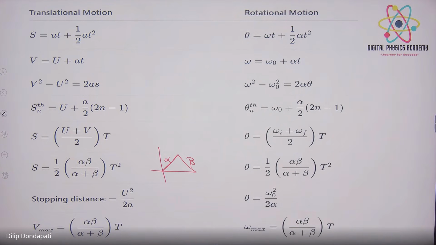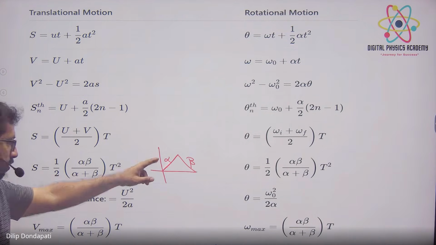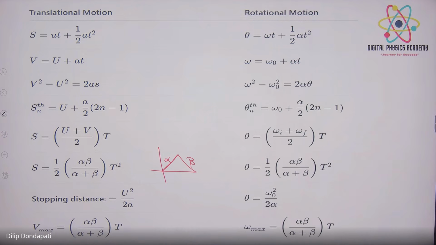Okay, sir. तो ऐसे प्रॉब्लम्स में here b max also we done in the same equation, alpha beta by alpha plus beta into t. So these all if you done the equations then you can able to solve the questions.